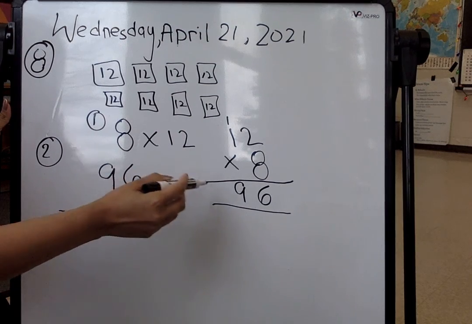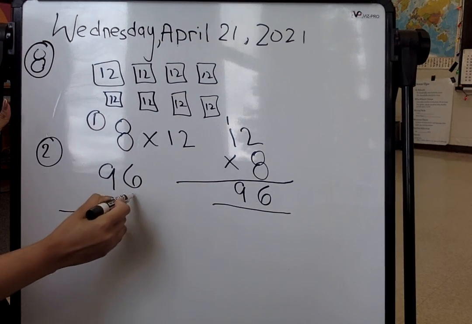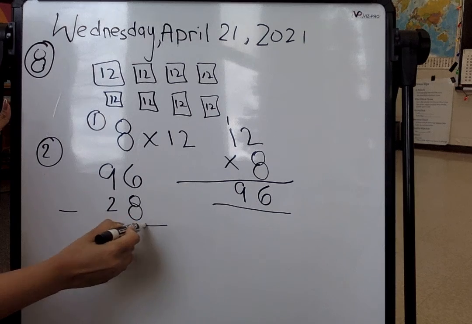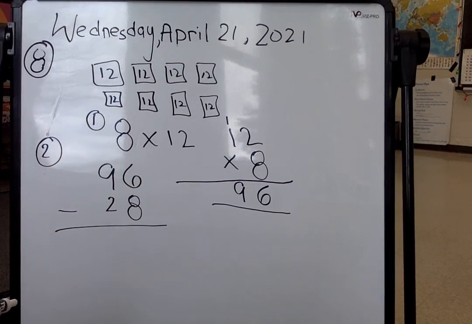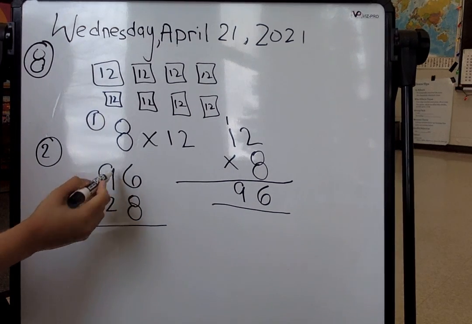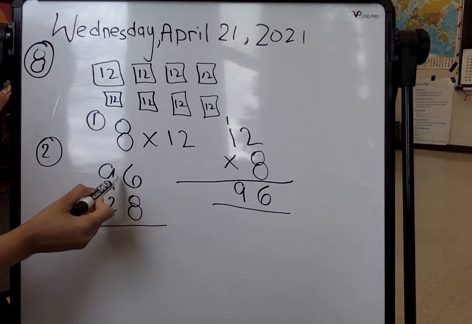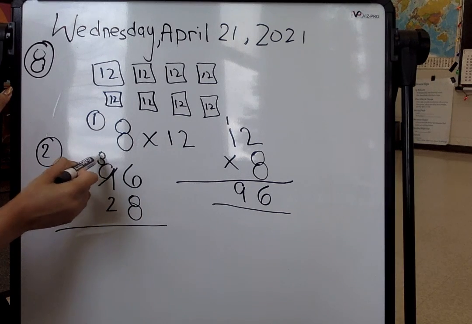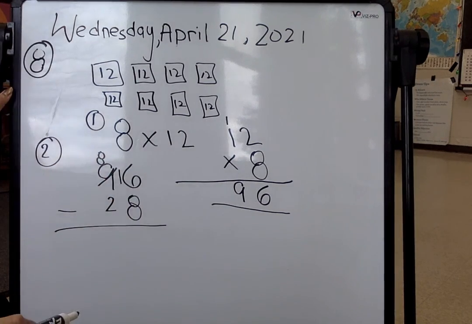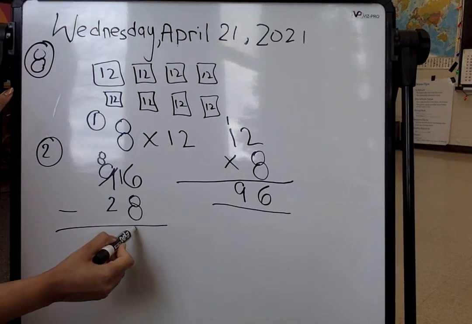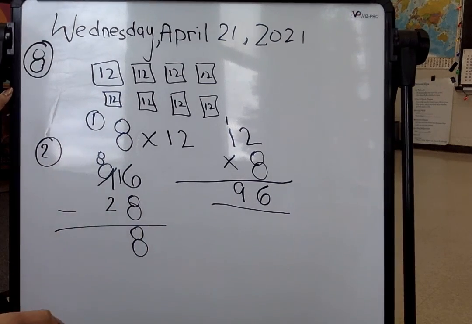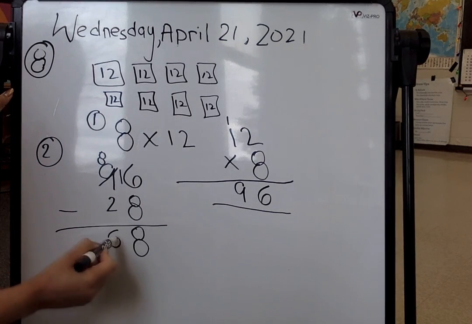So all the cookies and the cookies that were left over. There were 28 cookies left over, right? So let's go ahead. I cannot do this one, so I'm going to borrow. This will be 8. This will be 16. So 16 take away 8 gives me 8. And 8 take away 2 leaves me with 6.